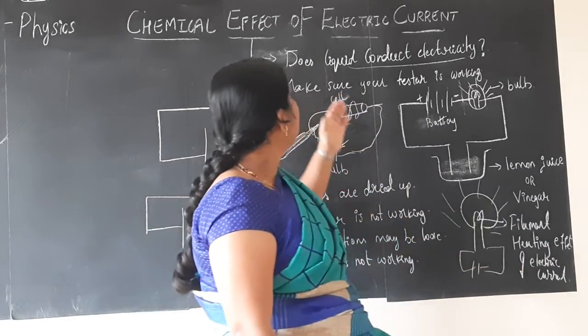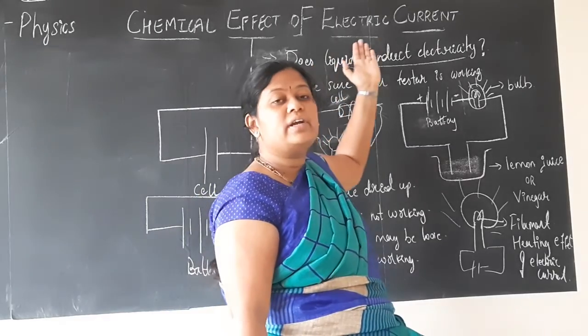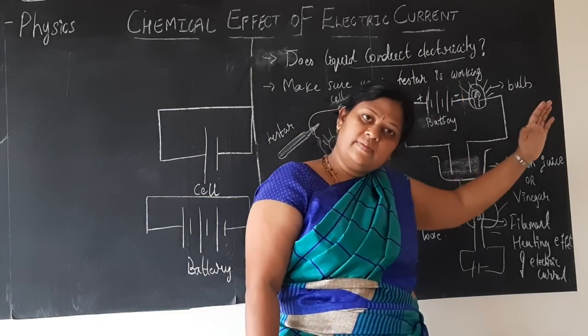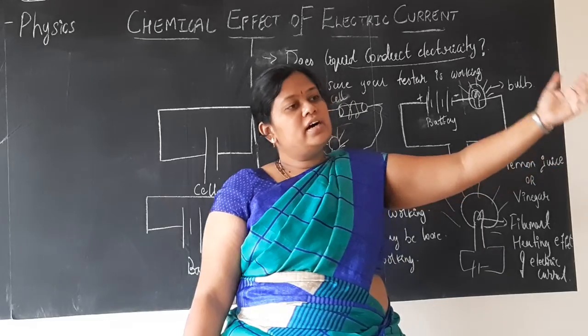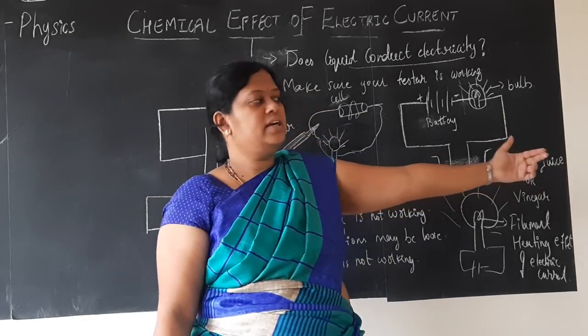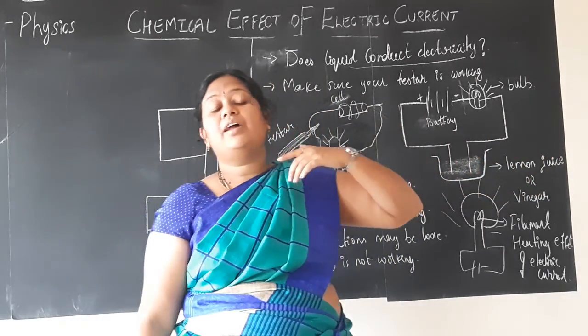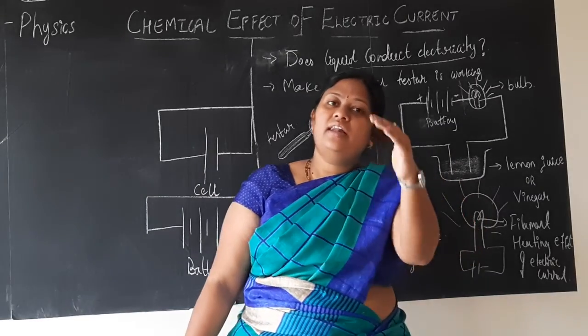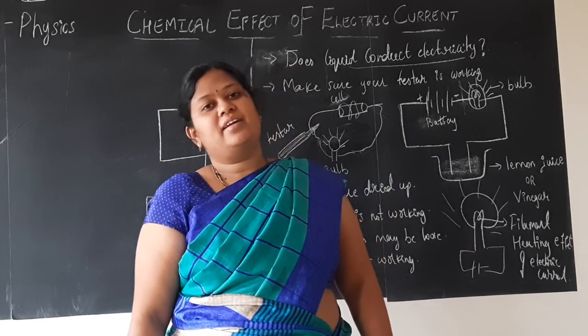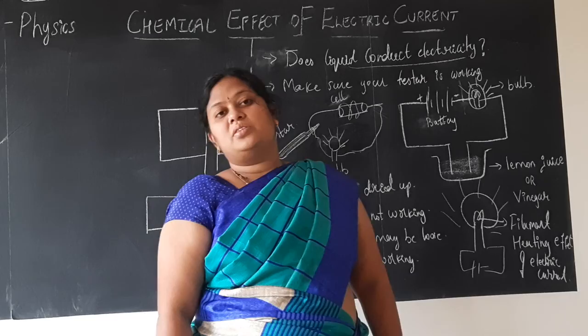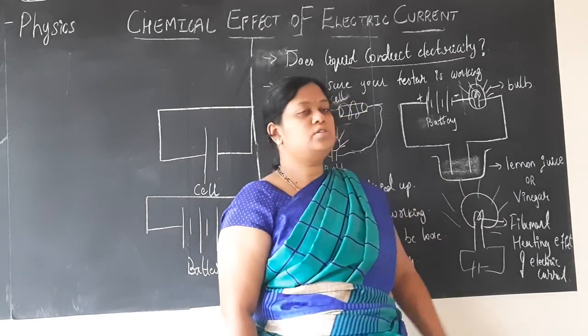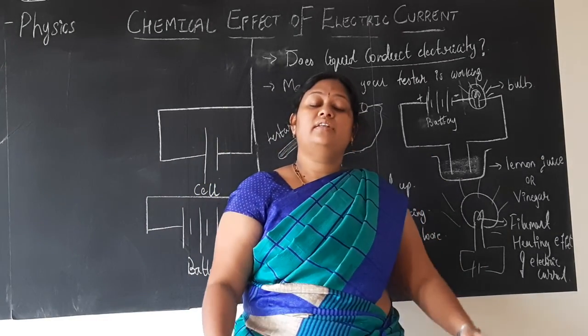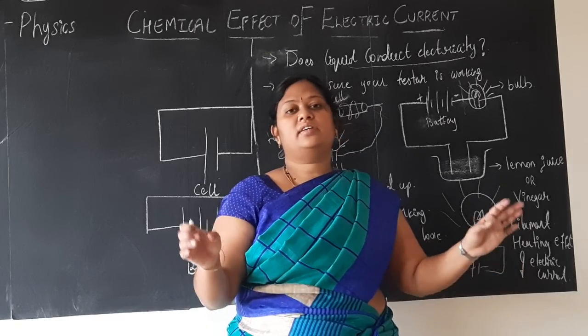So we can say that yes, liquid conducts electricity. Till now you have learned that solids conduct electricity, and from this activity you will learn that liquids also conduct electricity. So hence we got the answer to our question, does liquid also conduct electricity?